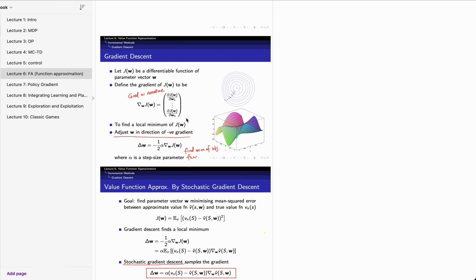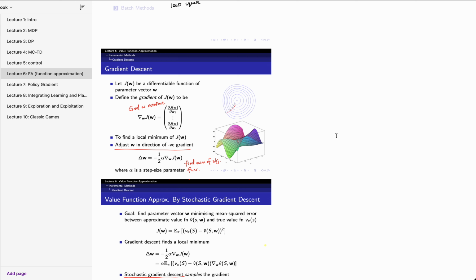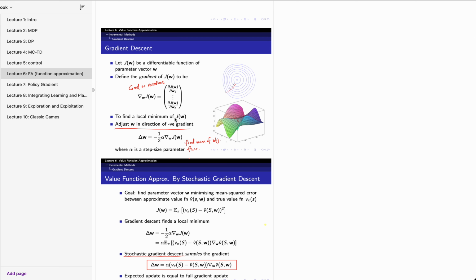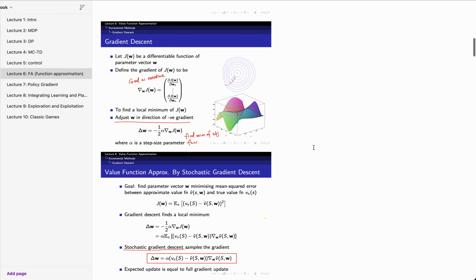Here it briefly talks about what gradient descent is, basically updating in the direction of the gradient. It calculates the partial derivatives with respect to all the weights in order to find a local minimum of the loss function.